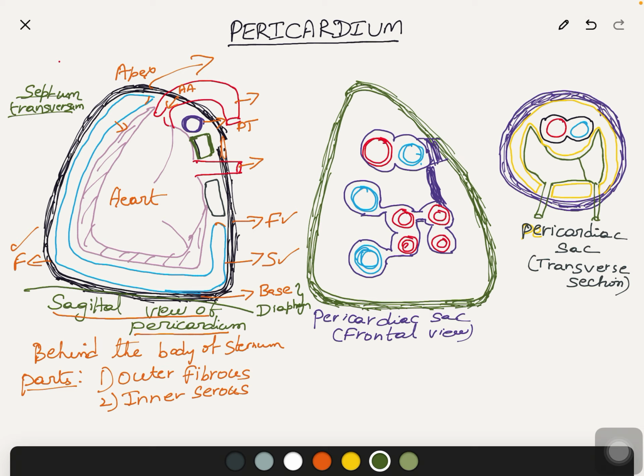All the structures attached to the four chambers of the heart pierce the fibrous pericardium. All these structures receive a prolongation from the fibrous pericardium except the inferior vena cava. So we have learnt the attachments of the fibrous pericardium and the structures piercing it. Now we will see the relations of the fibrous pericardium.